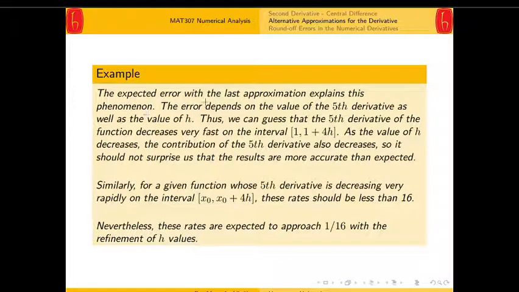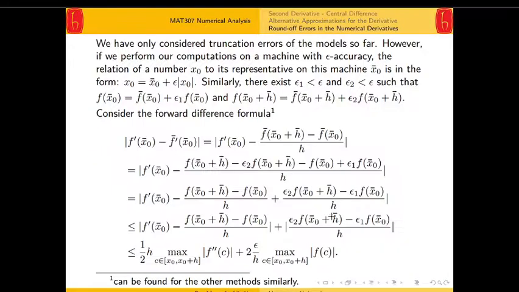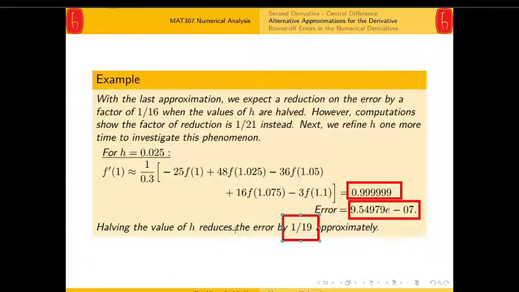The expected error with the last approximation explains this phenomenon, because as you see, when we refine h values, when we take the half of h values, the reduction in the error was 1 over 21 and 1 over 19.